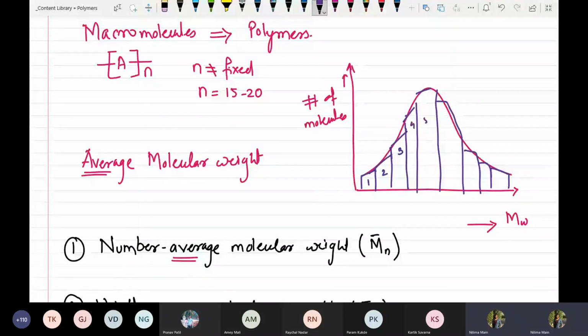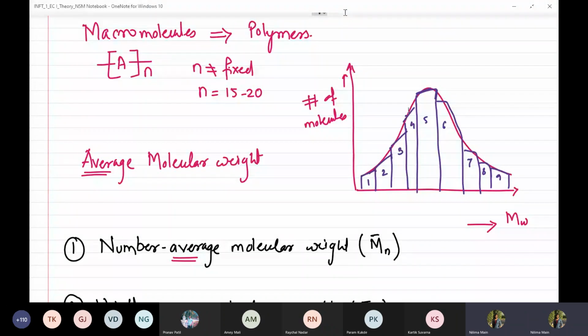Okay, तो ये 9 bars में हमने पूरे distribution curve को divide कर लिया. So this range over here is a range of some molecular weight.